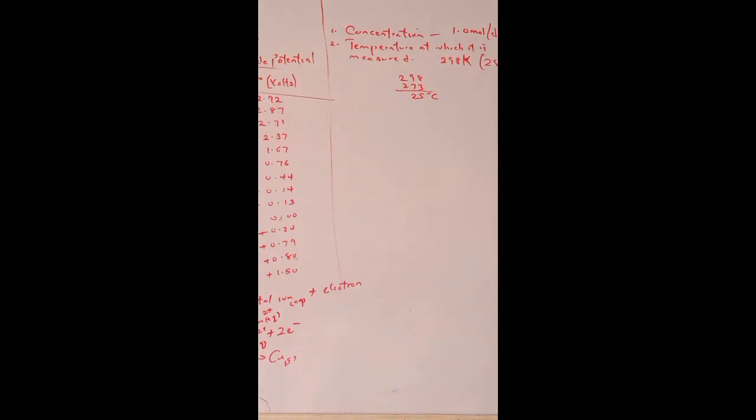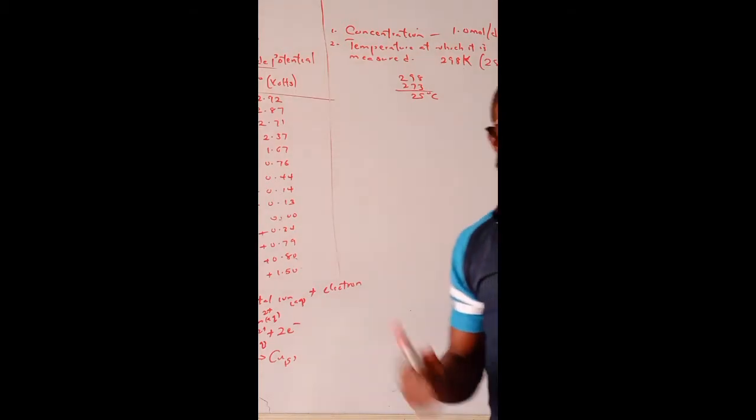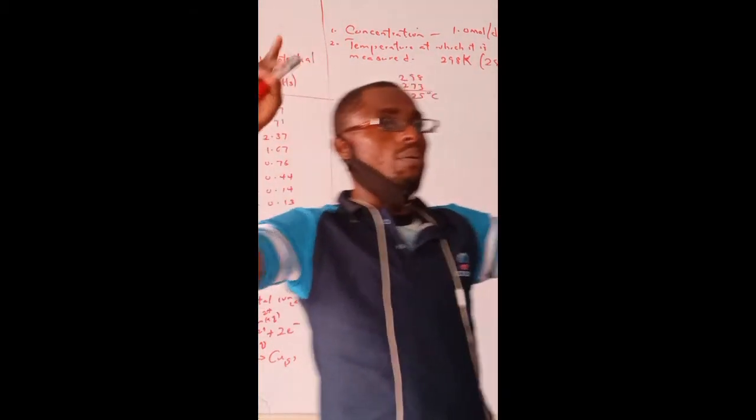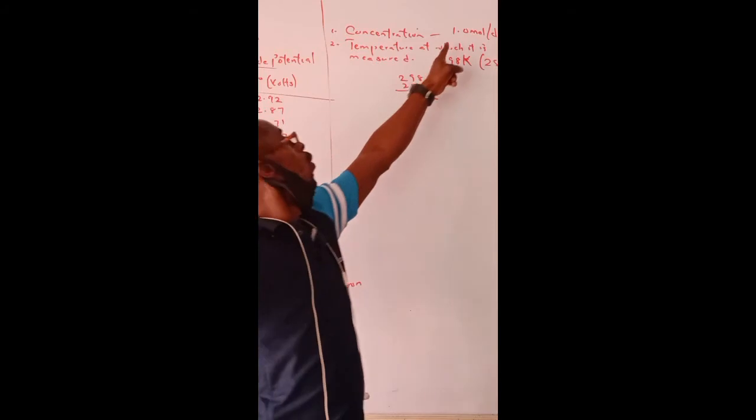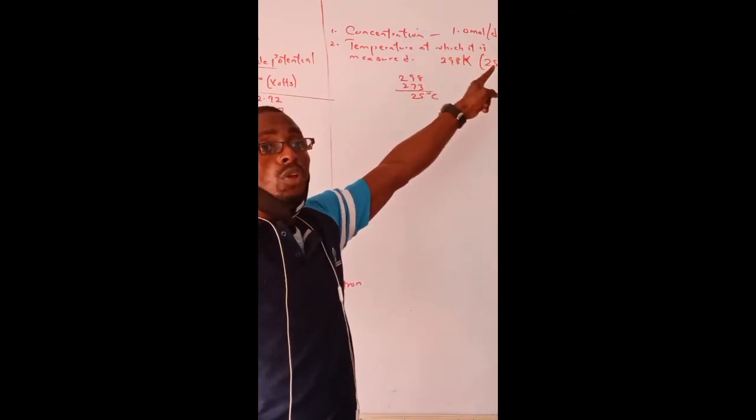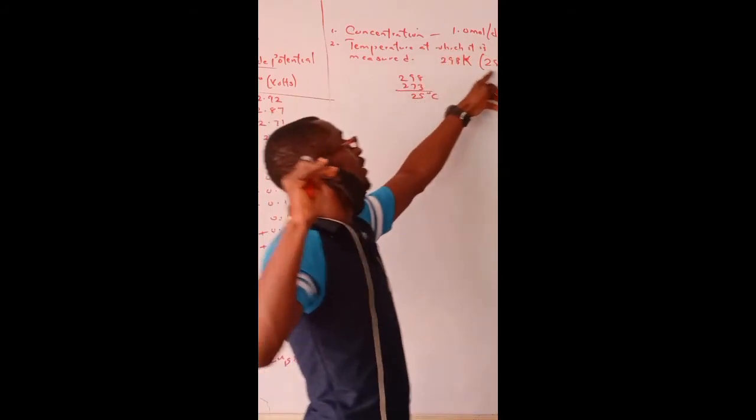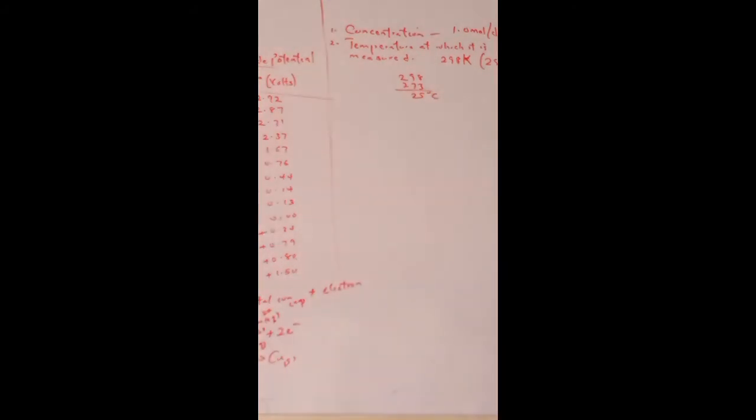So I have given you the conditions for standard electrode potential. One, the concentration must be 1.0 mole per dm3. Two, the temperature must be 25 degrees Celsius or 298 Kelvin.